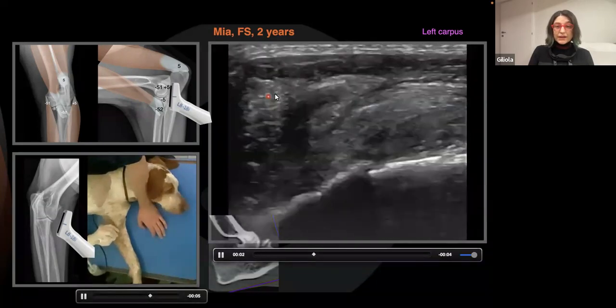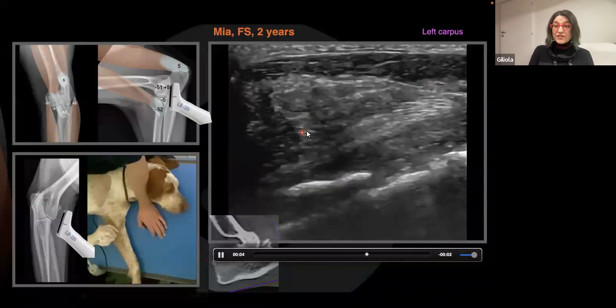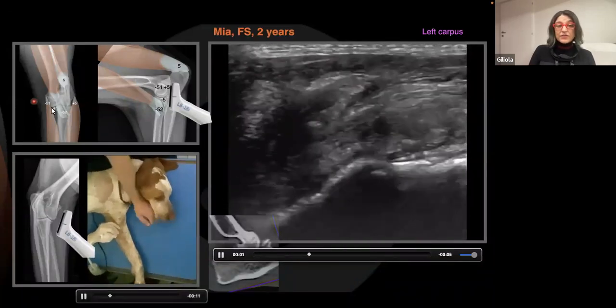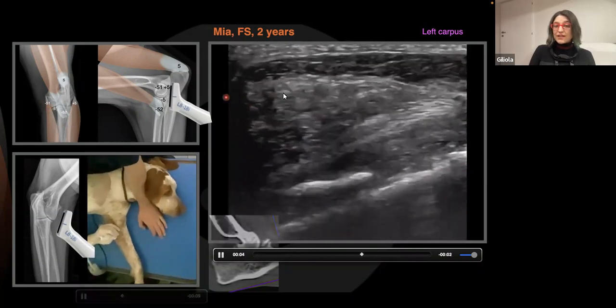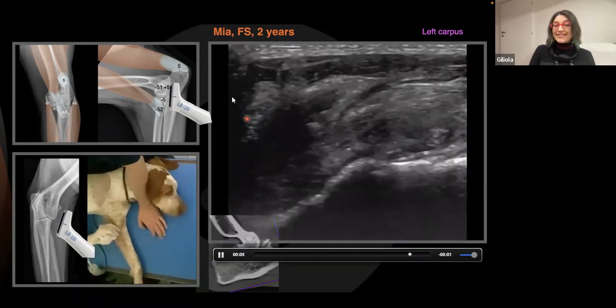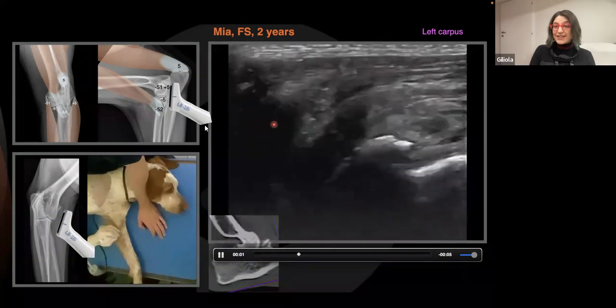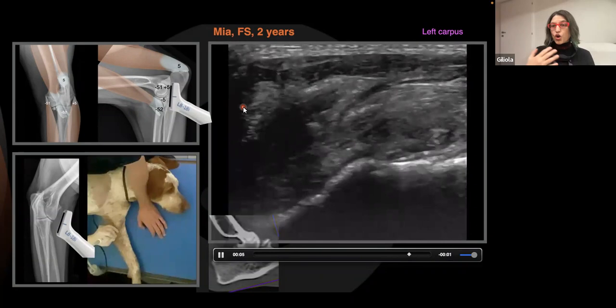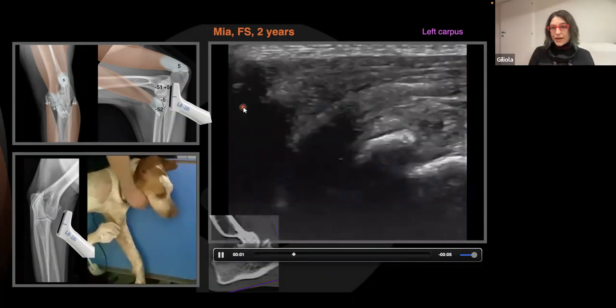We have chronic changes. You see how we cannot really differentiate very nicely the insertional tendon of the flexor of the carpi. I should see 3 different tendons in this area. It's very common when you have a chronic arthrosis in a patient.